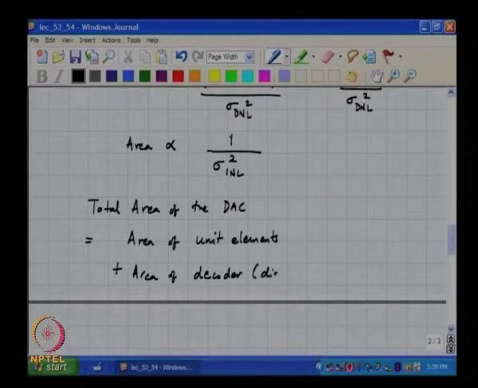This is a digital circuit, right. What is the area of the unit elements?